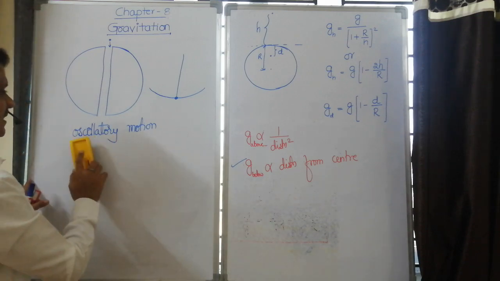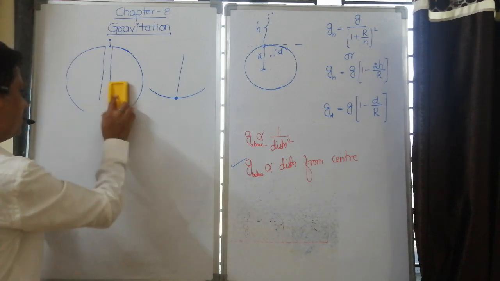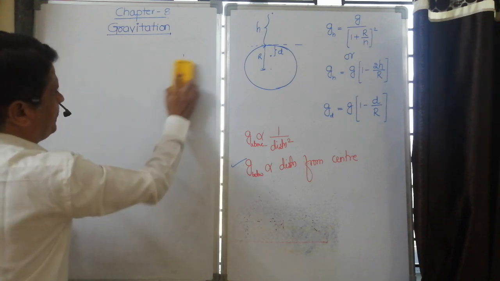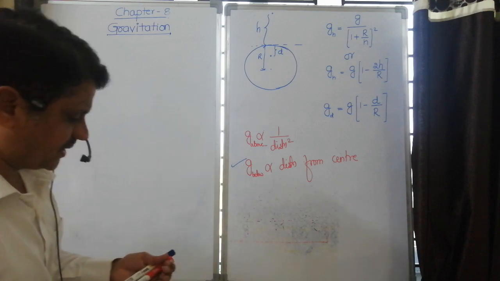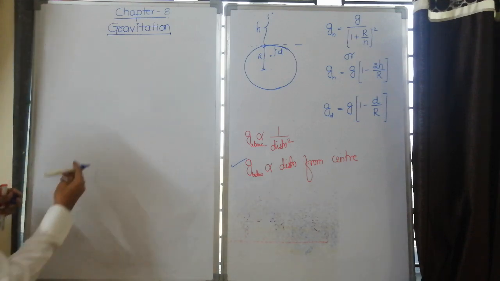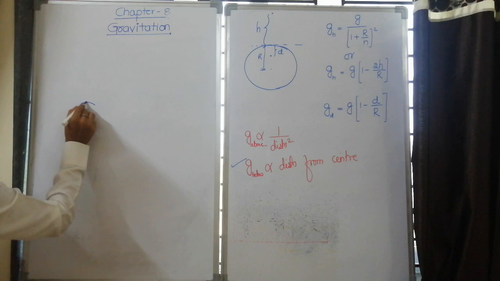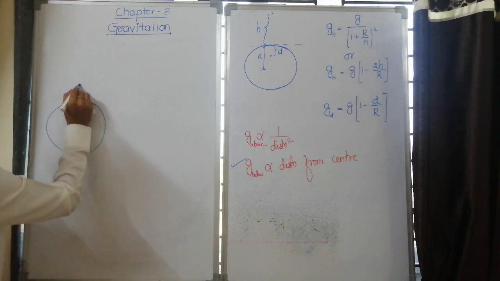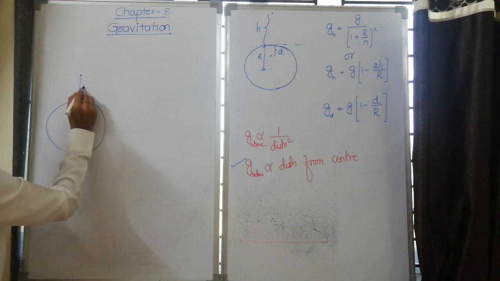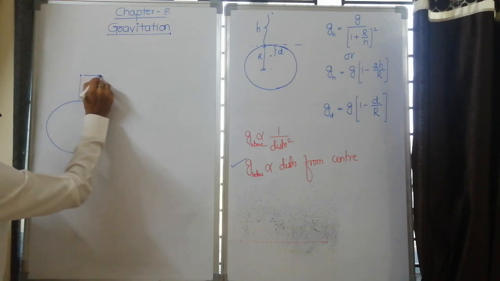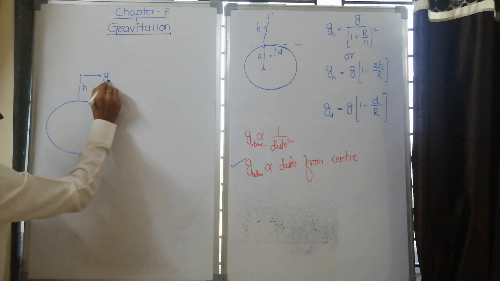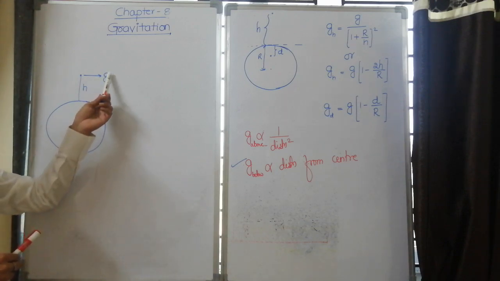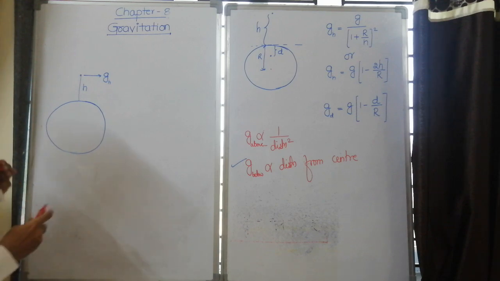And next, I think this is not necessary to explain here. Once again, in oscillations I will explain in detail. So next question is, say this is the surface of the earth. As we go through a height h, say acceleration due to gravity is g suffix h, that is, the acceleration due to gravity at a height h.